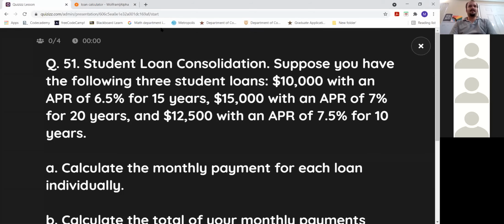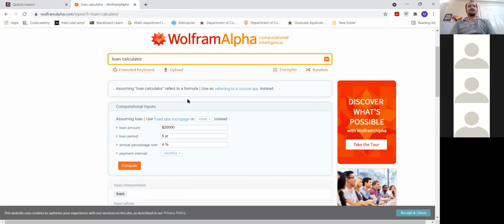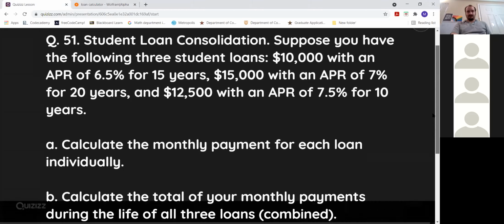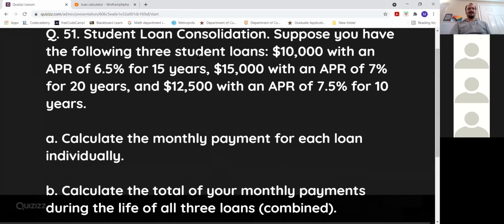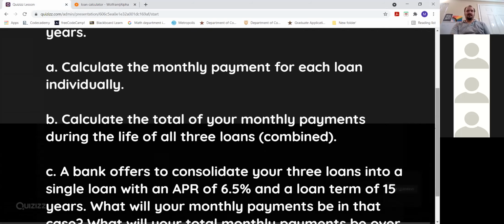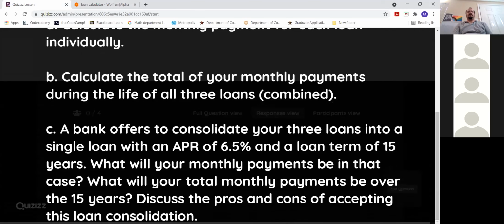You're going to do 10,000. I want you to get some practice with how you might actually do this with some technology. You're going to have to put in three different loans here. Calculate the monthly payment for each of them, calculate the life of the loans, and then they offer to consolidate.